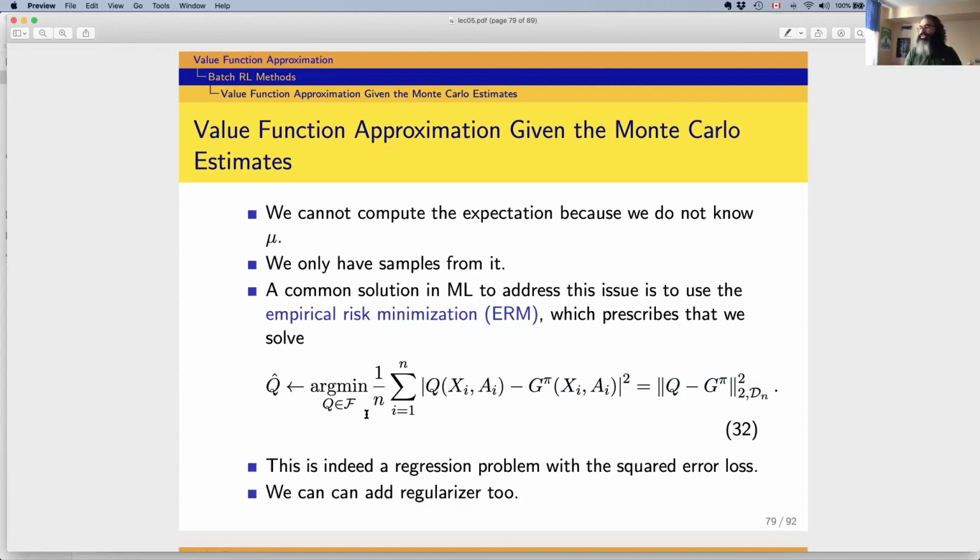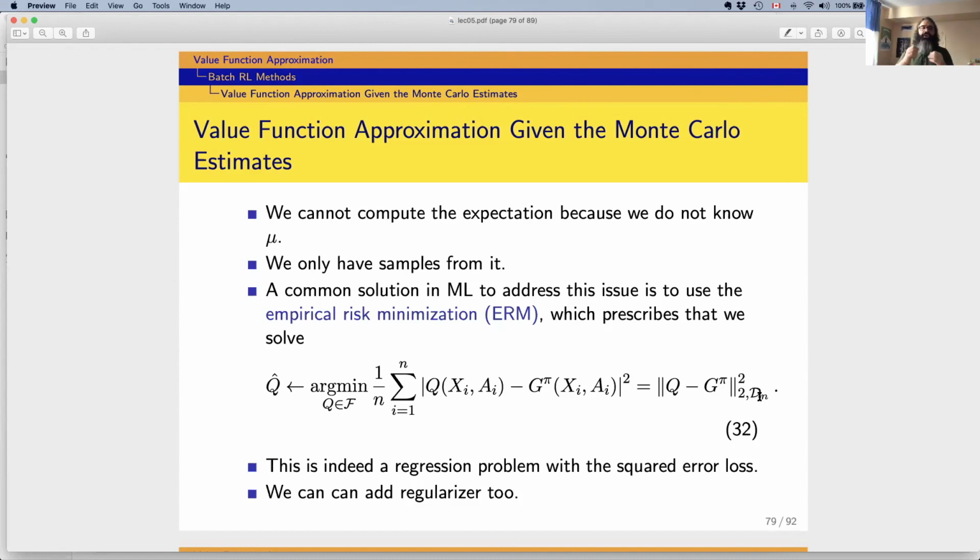Sometimes I use another notation, which instead of having a summation, I write the L2 norm with D_n here, which shows that this is only data dependent. Sometimes I also use only n instead. This is a more compact notation. And if you pay attention, this is essentially a regression problem with squared error loss.